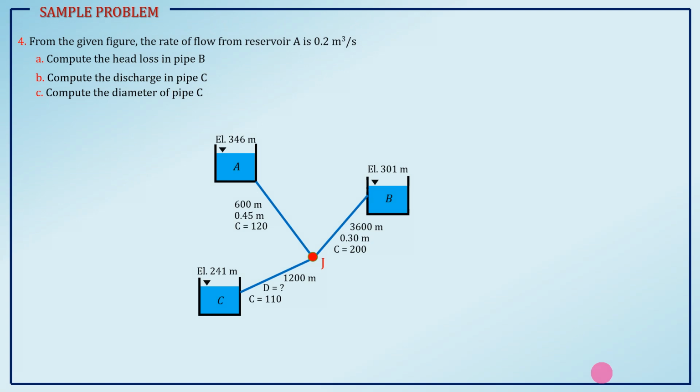So from the given figure, the rate of flow from reservoir A is 0.2 cubic meter per second. So compute the head loss at pipe B, yun yung unknown, and discharge at C and the diameter at your pipe C. So yun yung mga ano natin.